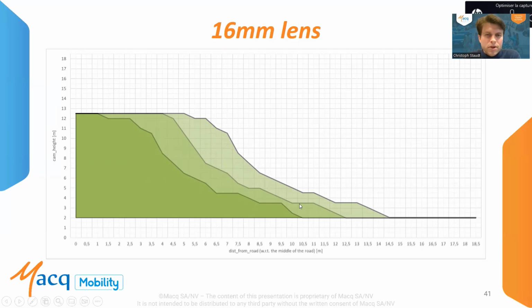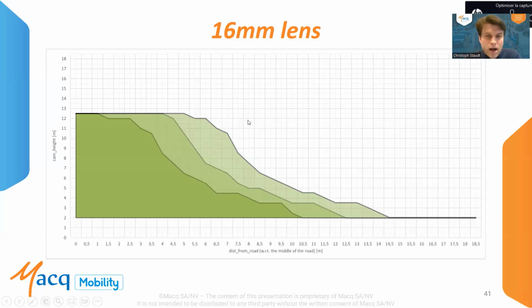It shows you three graphs in one table. On the y-axis is the camera height, and on the x-axis is the distance from the road, with the reference being the middle of the road. So if you have 2 lanes, 2 times 3.5, that means the middle of the road is 3.5 meters from the road side.